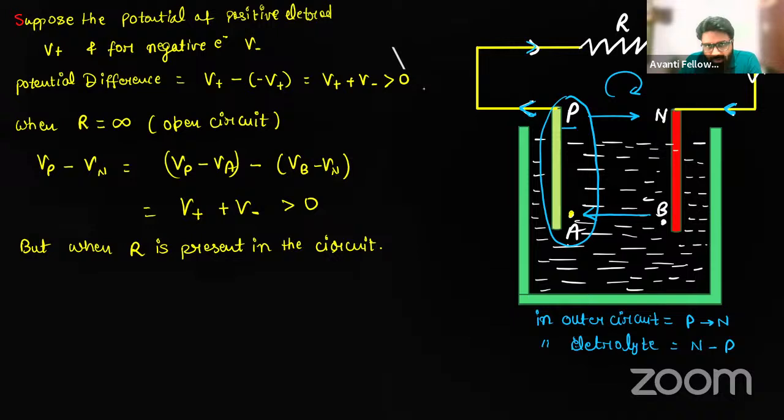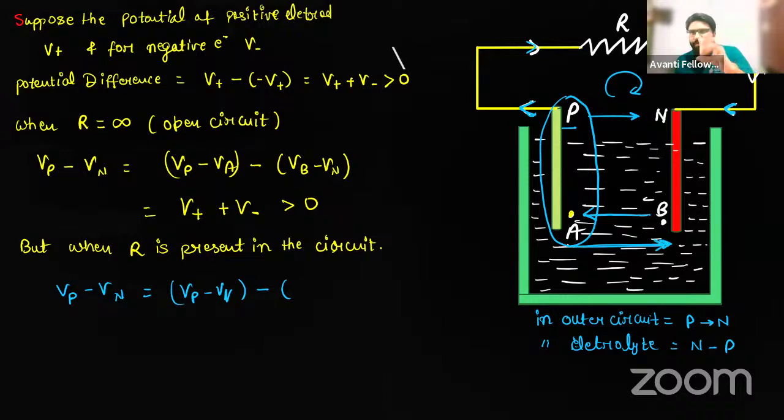Clear? Now if you talk about the potential difference between positive electrode and negative electrode, VP minus VN, in this case again you will write VP minus VA, minus... अब देखो, now you are moving from A to B and there is a flow of current also.